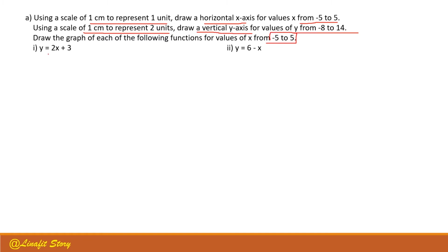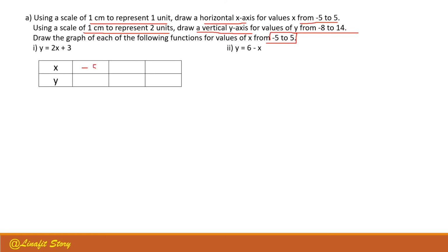So the first function, y is 2x plus 3. X is the input, y is the output. So x is -5, 0, 5. When x is -5, y is 2 times -5 plus 3. 2 times -5 is -10. -10 plus 3 is -7.